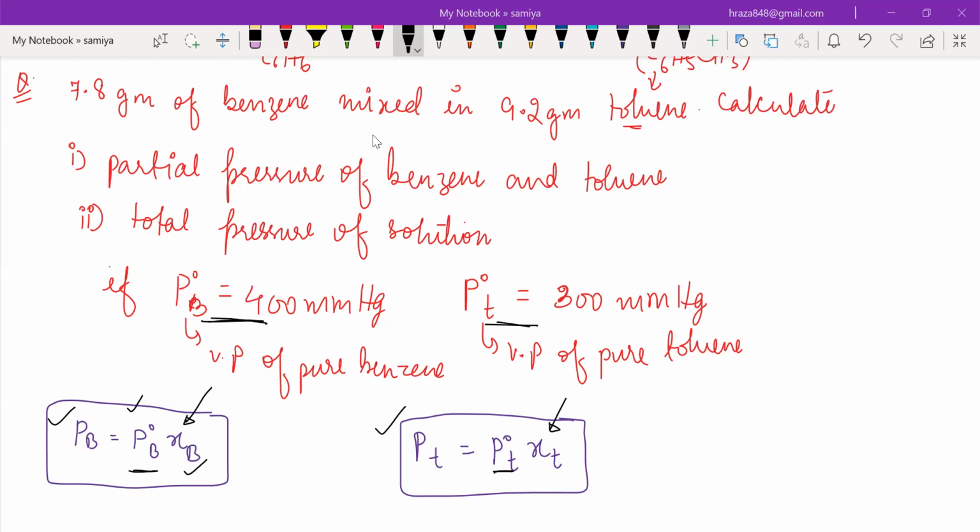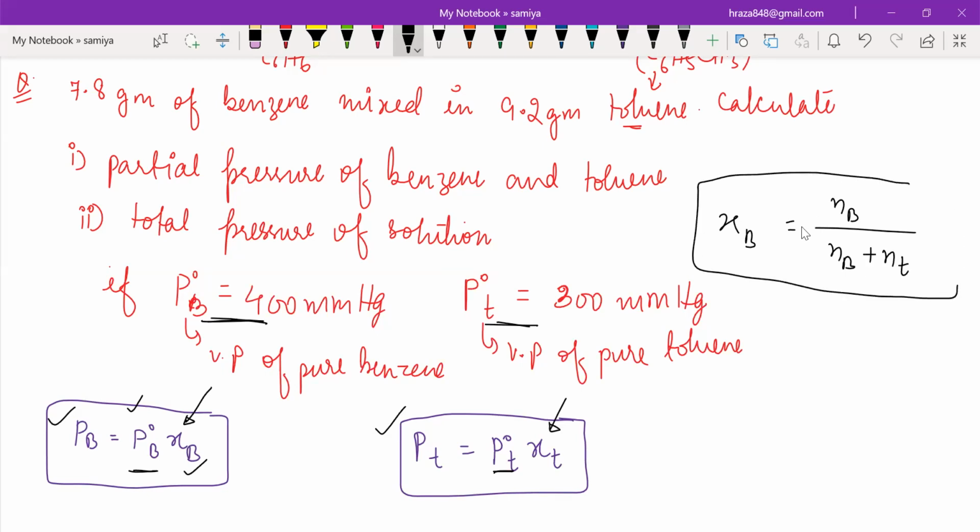Okay, see, if you are going to calculate the mole fraction of benzene, this will have the formula, number of moles of benzene upon number of moles of benzene plus number of moles of toluene. Can you tell me the number of moles of benzene? Yes or no? Or should I help you?